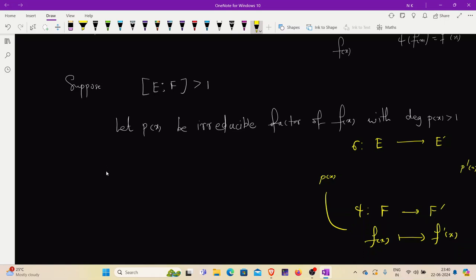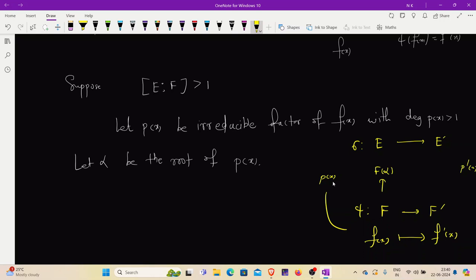Now let alpha be a root of p of x. Because of this alpha, we can attach this alpha to F, because it is a root of p of x, so we will have F alpha, right?